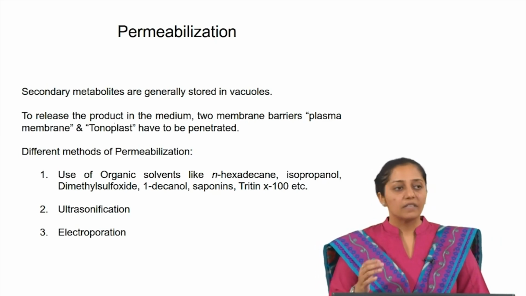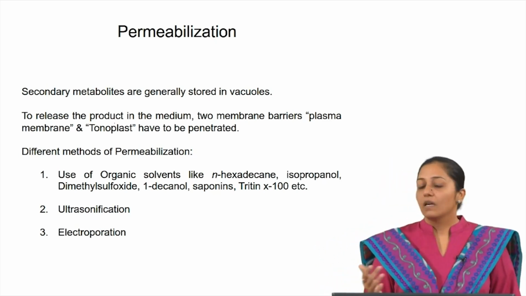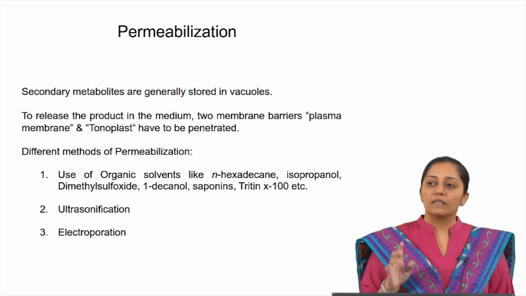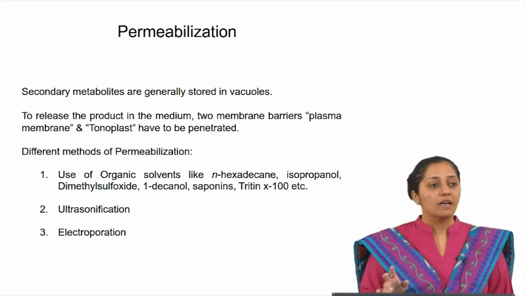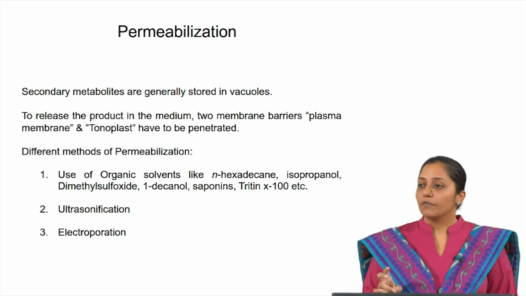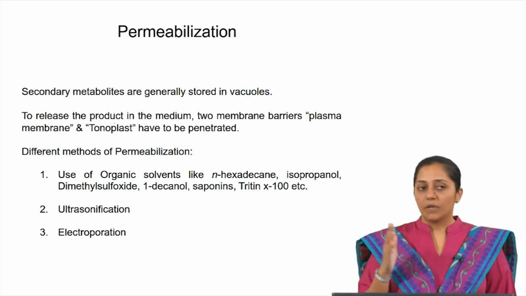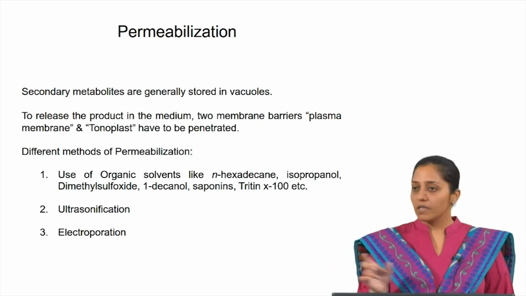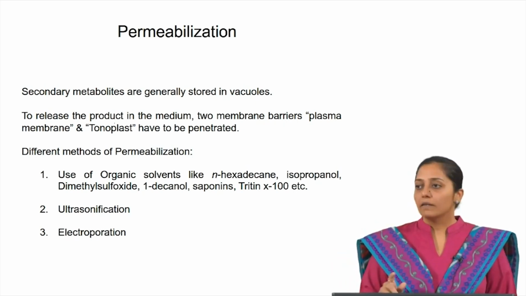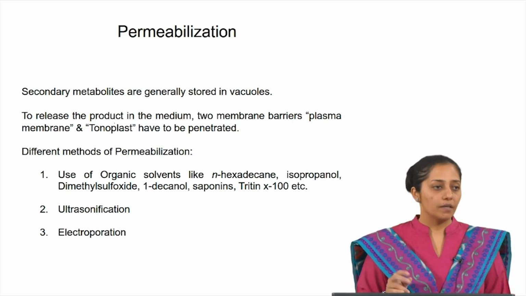Therefore, they will make transient pores. What is crucial here is the concentration in which you use it and the time of exposure. So when you are optimizing, one has to optimize the time of addition, because from the time of harvest that will determine the exposure time, and the concentration in which you are using it.